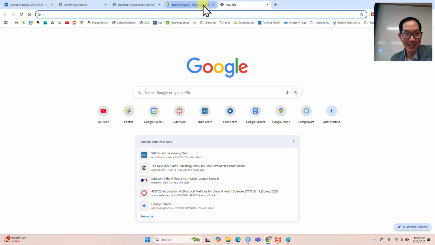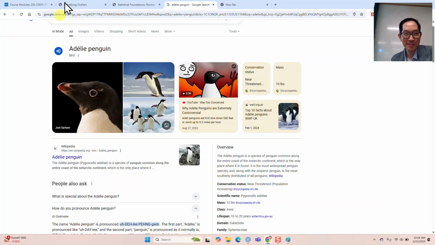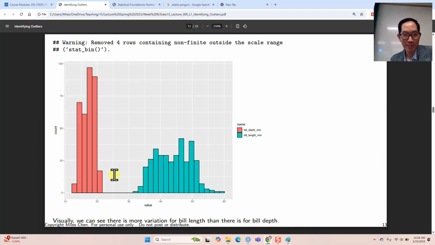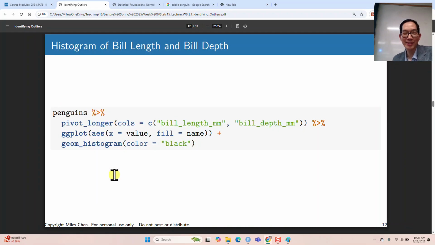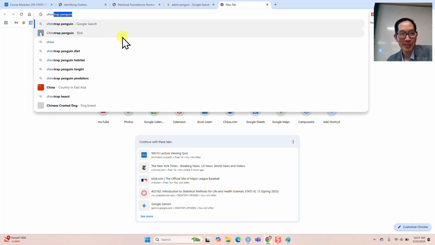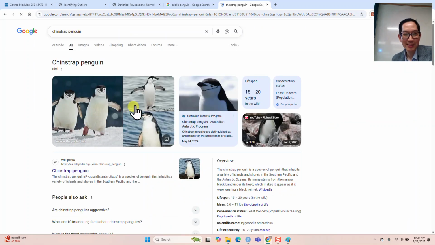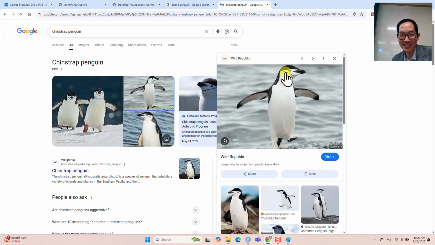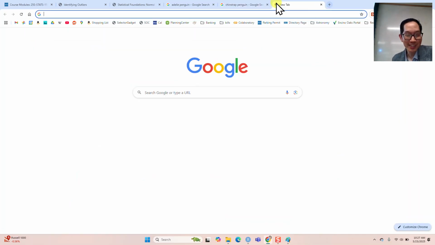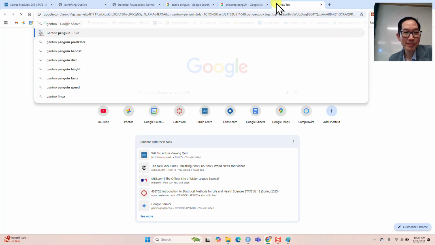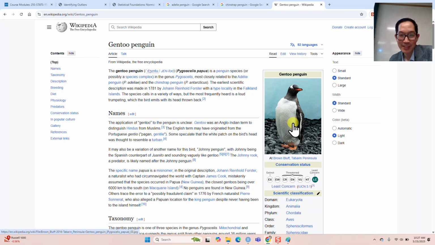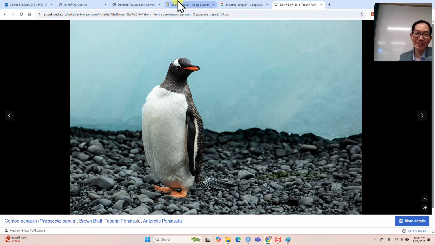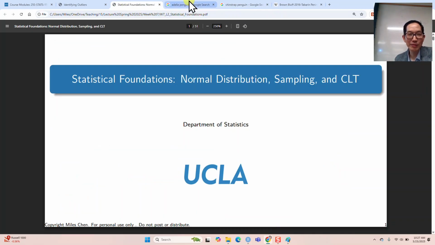And then we also had the Gentoo and the chinstrap. This is the chinstrap penguin. Oh, so cute. He does have a little chinstrap. Okay, and then the Gentoo penguin. Man, I don't know enough about penguins. Okay, well, anyway, there you go. Chinstrap penguins.